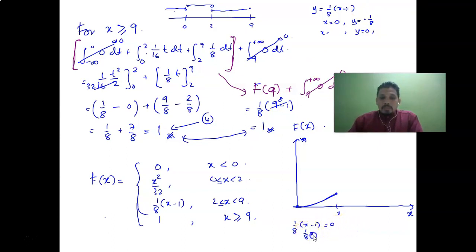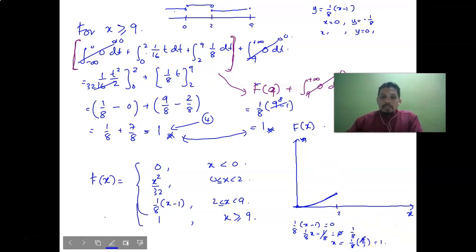1 over 8, x minus 1 over 8. Okay, take this one as a positive here, 1 over 8. Then x equals 1 over 8 divided by 1 over 8, or 1 over 8 multiplied with 8 over 1, which is equal to 1.